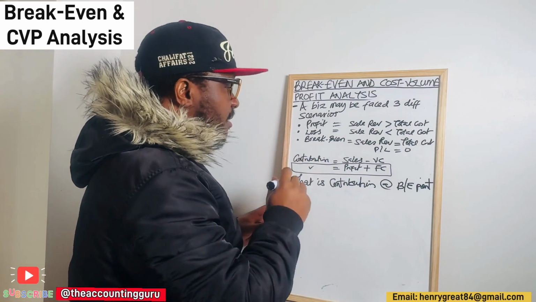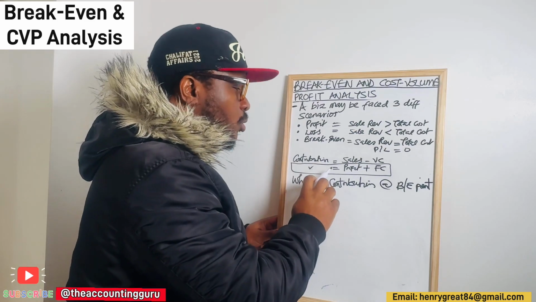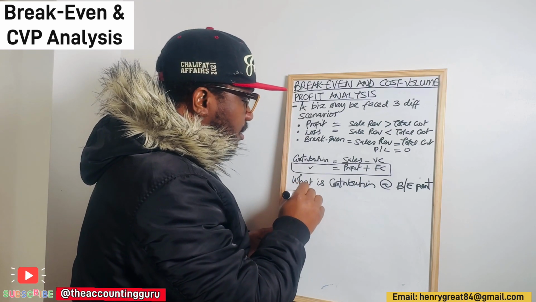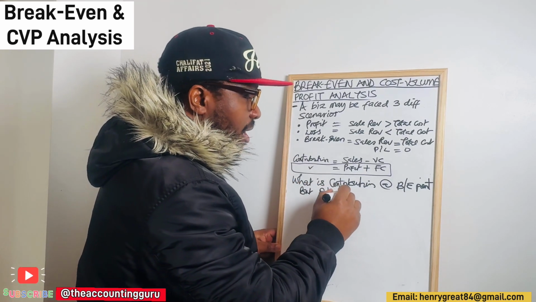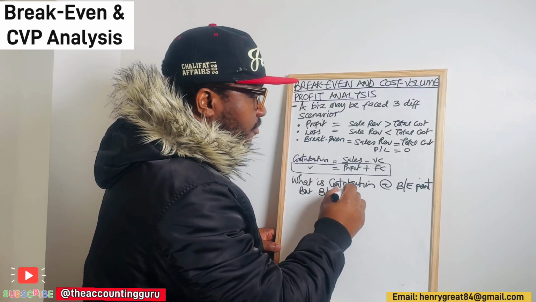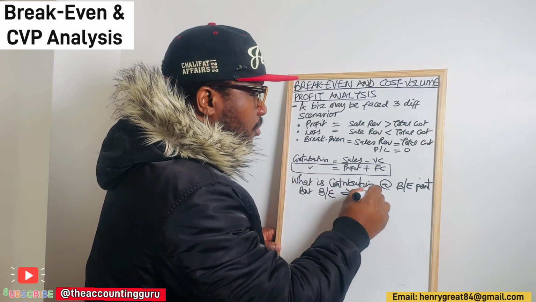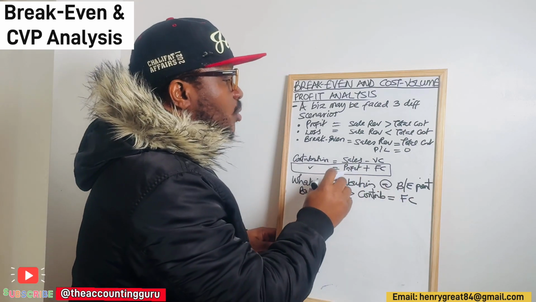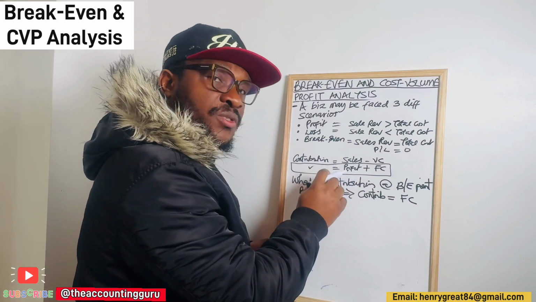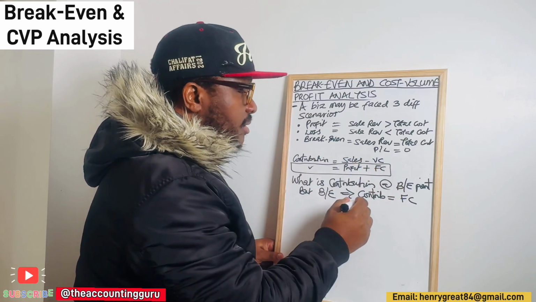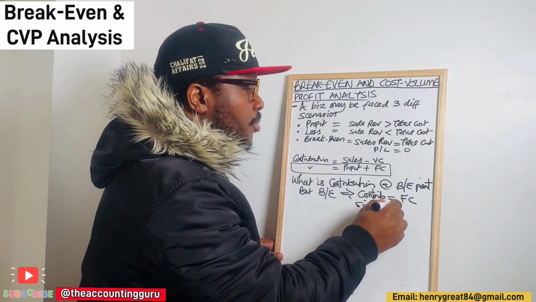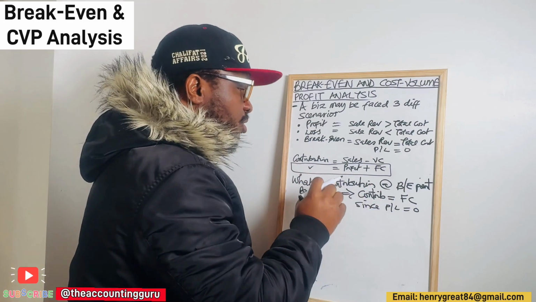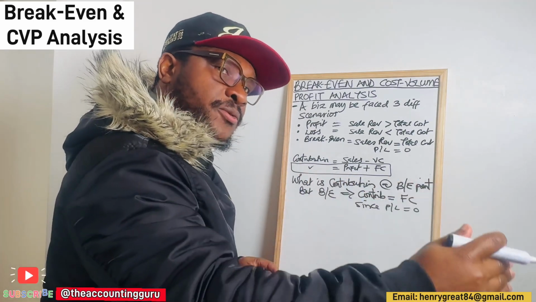Do not forget that contribution normally is equal to profit plus fixed cost. But at break-even point, since profit or loss is equal to zero, contribution would no longer be fixed cost plus profit.